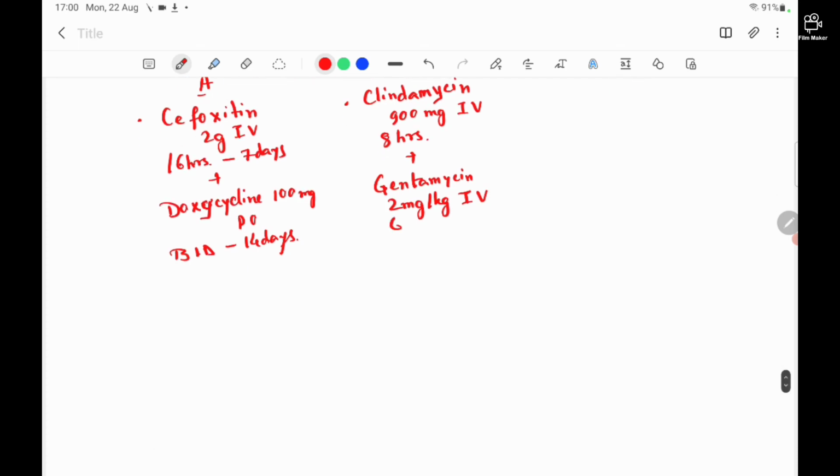This is the loading dose. And the continuation dose is 1.5 milligram per kg IV every 8 hours. And aztreonam is also prescribed. That is 2 gram IV slowly.